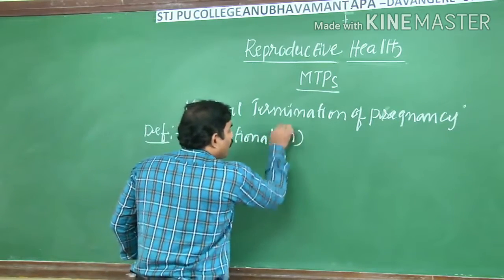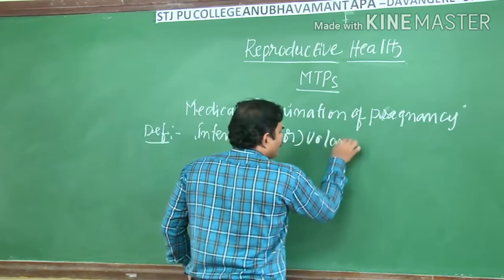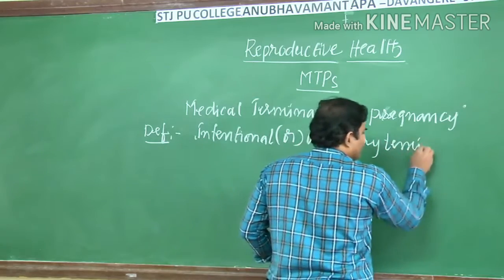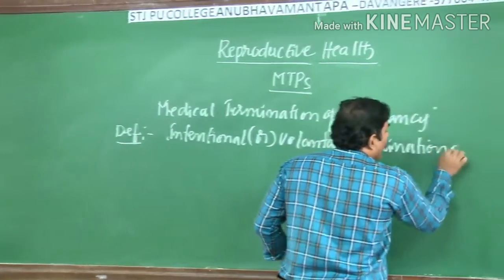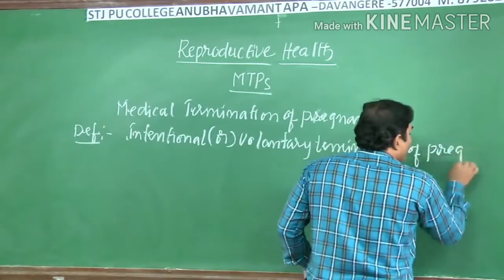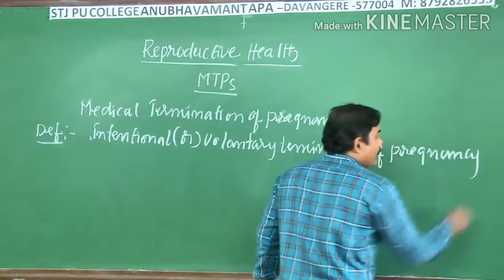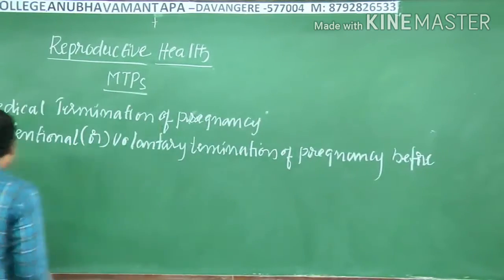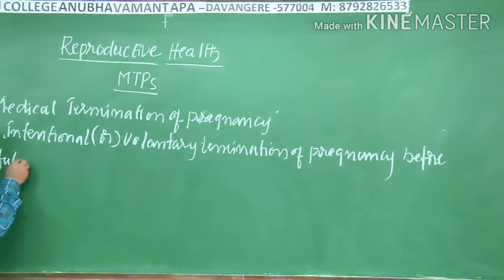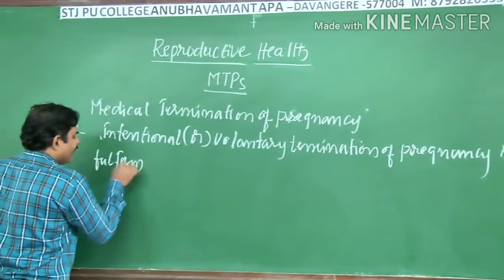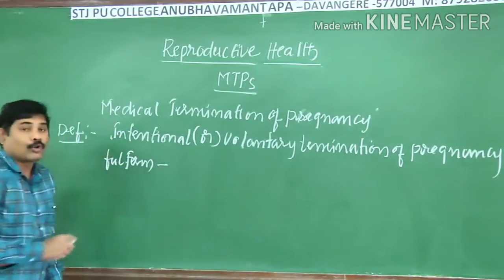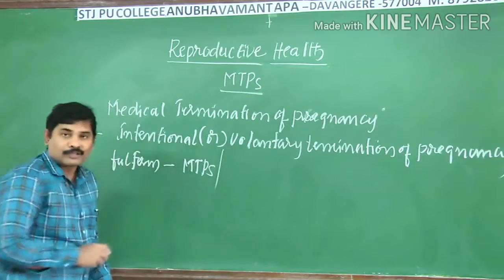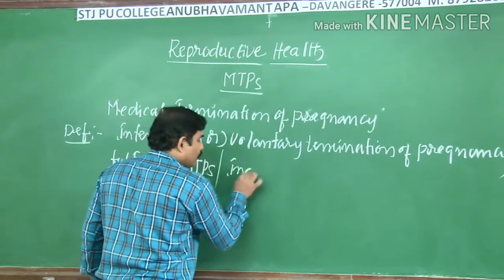Intentional or voluntary termination of pregnancy before full term is known as MTPs, or otherwise known as induced abortions also.